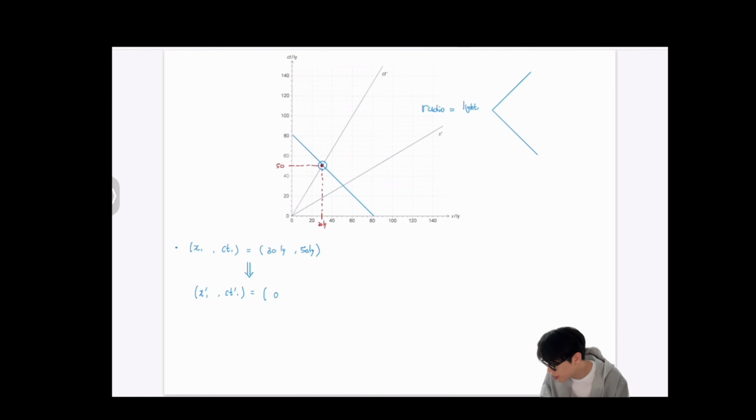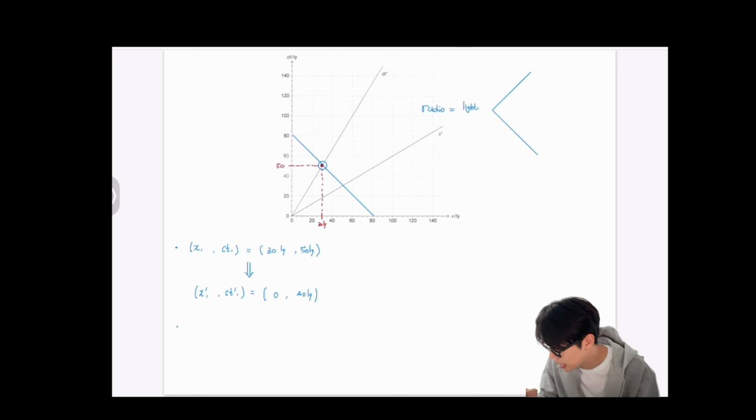That means x1 prime is 0, and we calculated ct1 prime in question A. It was 40 years, so that's 40 years. Now this is when the signal goes, when the signal is sent back to the Earth, let's say that's x2 prime. So x2 and ct2.